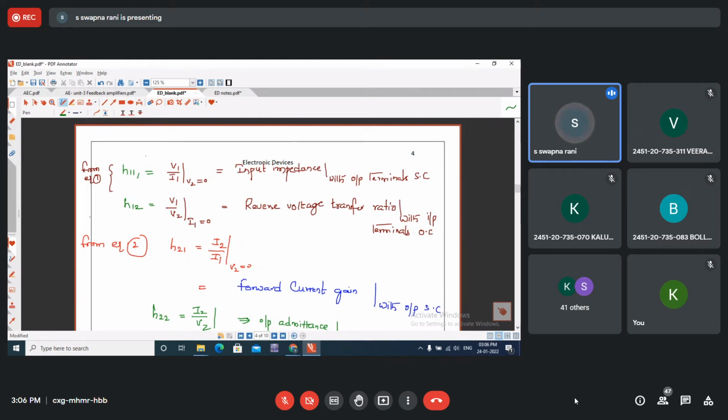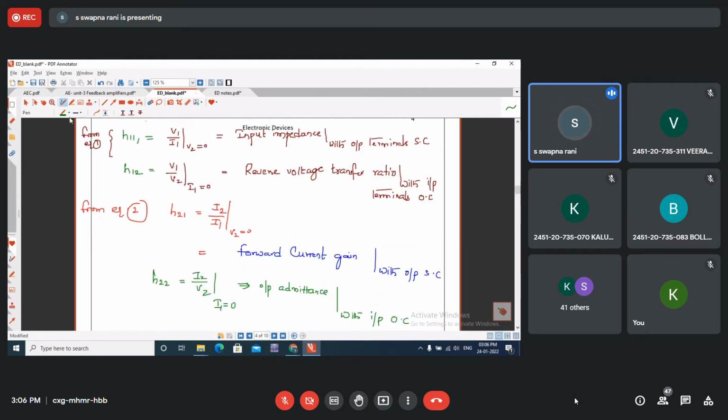If you observe all the four H parameters, H11 will give you the input impedance of the device, which is the transistor.